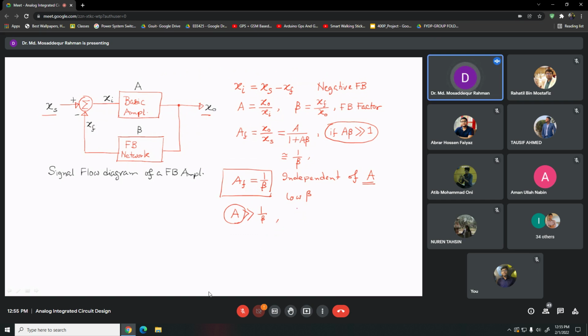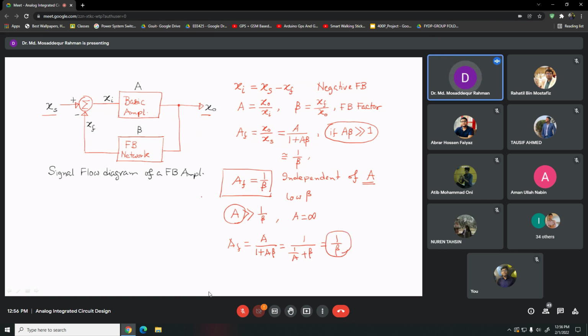So in the ideal condition, if your gain is infinite, then you can write AF, this is the actual expression, and you divide by A, you end up with this expression plus beta. In the ideal situation, A is infinite, so this reduces to 1 over beta.